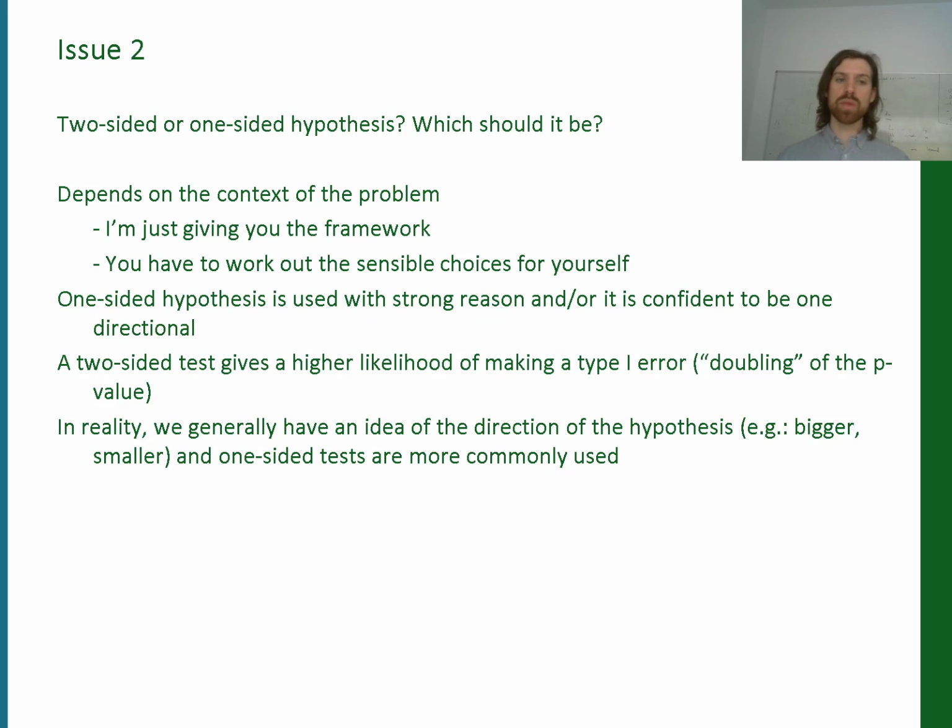So that's issue one. Issue two is challenging: working out whether you should be making a one-sided or a two-sided hypothesis. It depends on the framework, and I'm afraid there are no hard and fast rules. All you're learning in this lecture essentially is the quantitative framework that allows you to carry out statistical analysis, and therefore there are certain judgment calls within that analysis that you're going to have to make as a researcher based on what is right in the context, for example.